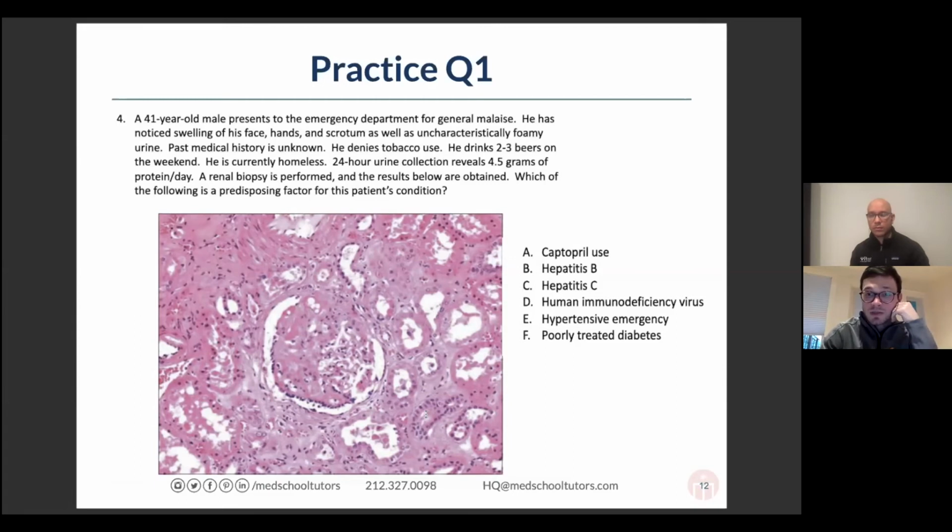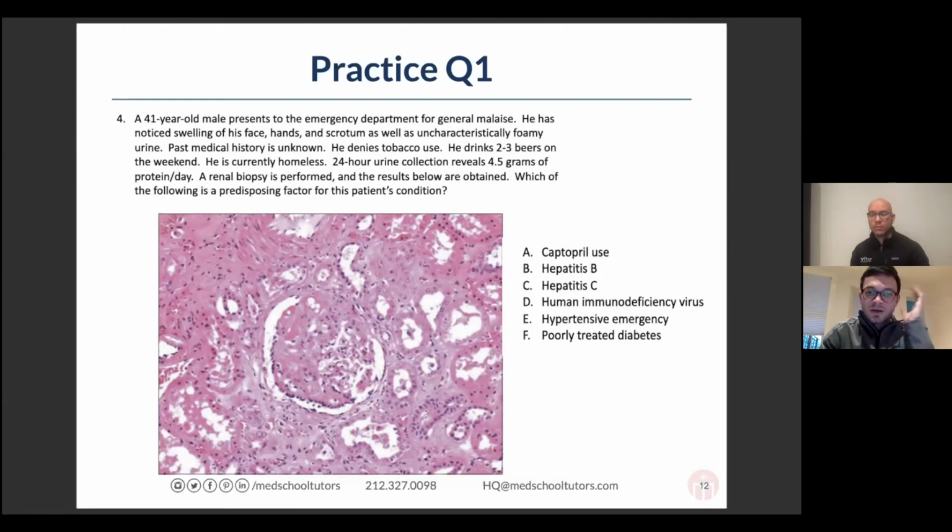Poorly treated diabetes, people brought it up. It's one of the most common causes of nephrotic syndrome in the developed world, absolutely. So then I'm looking back at all the evidence that I was given in the question. Do I have great evidence this guy has uncontrolled diabetes? This is a yes or no in the chat. Have they given me this wonderful story that this person has untreated diabetes?